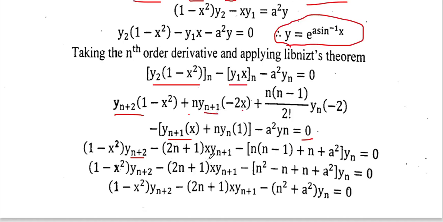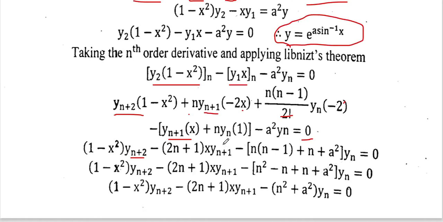So minus x y n plus 1 taken common, and in the bracket is 2n plus 1, minus n minus 1. These 2 and these 2 get cancelled. So n minus 1 plus, then plus n a square, plus n a square.